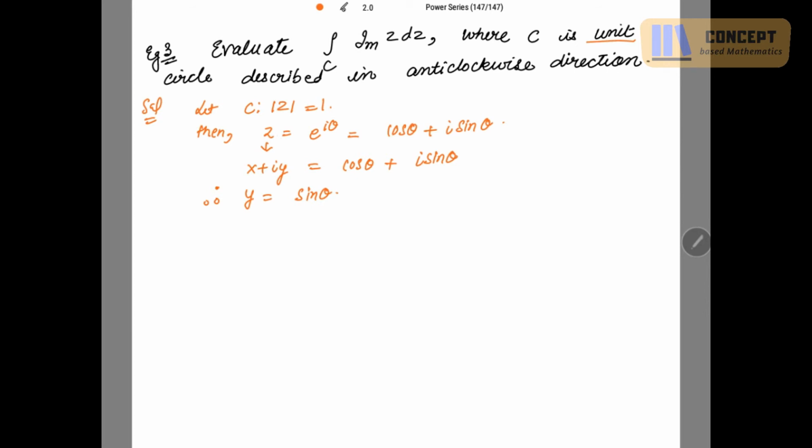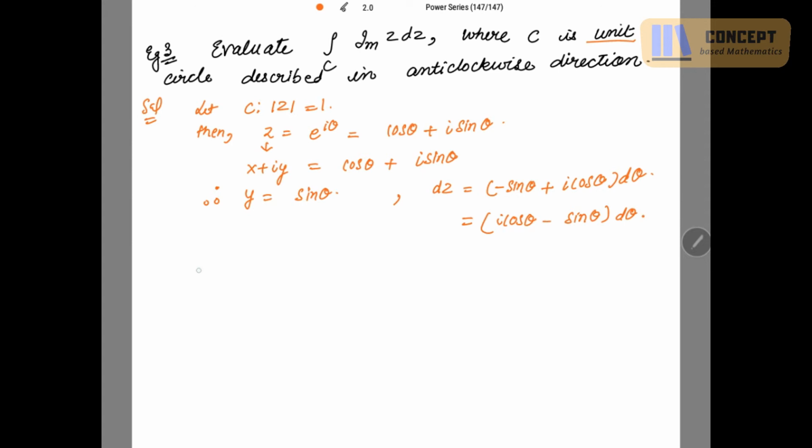And what is dz from here? dz is equal to, the derivative of cos θ is minus sin θ, plus i cos θ, dθ. This can be written as i cos θ minus sin θ, interchanging the terms only.